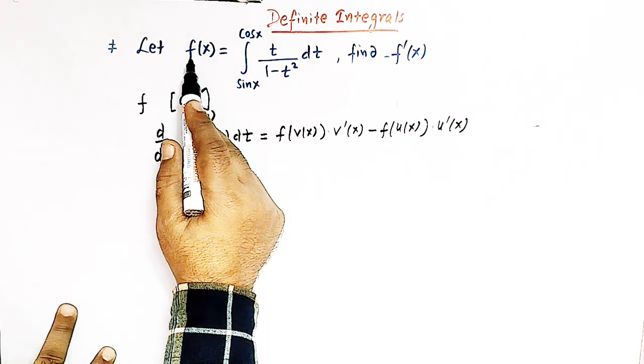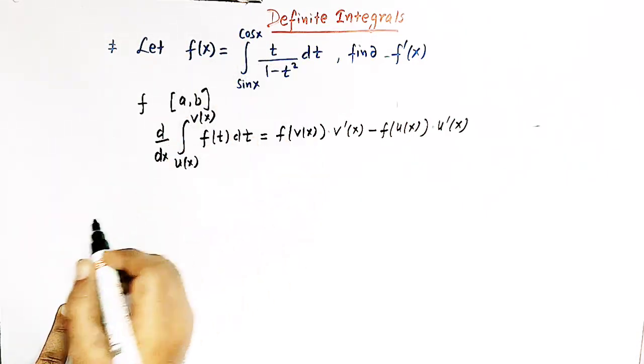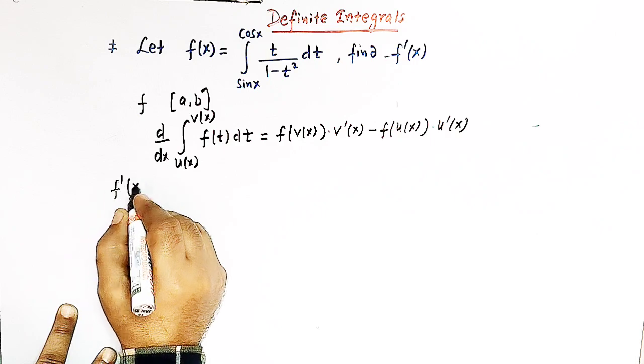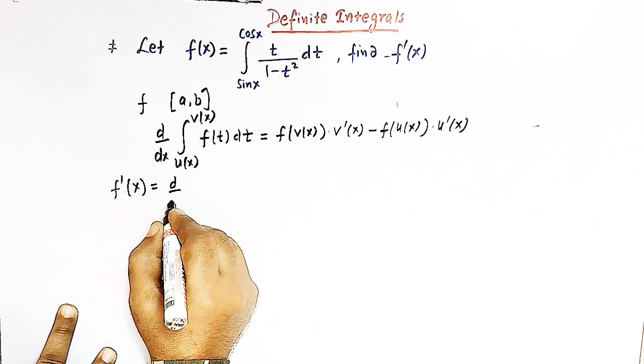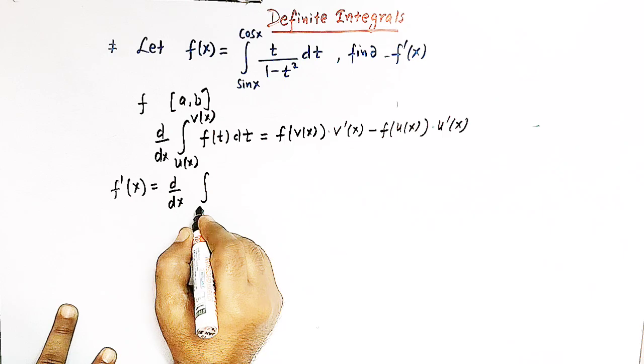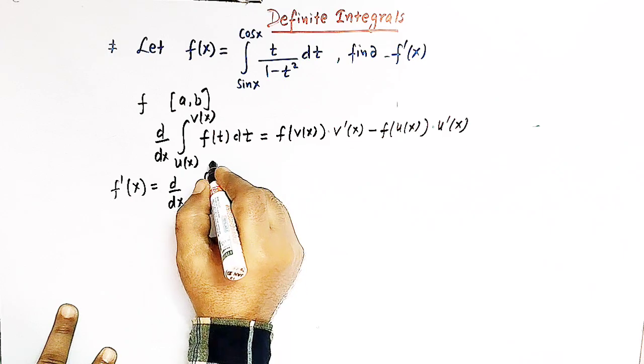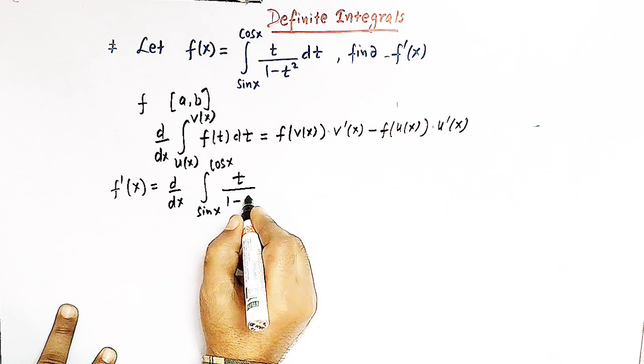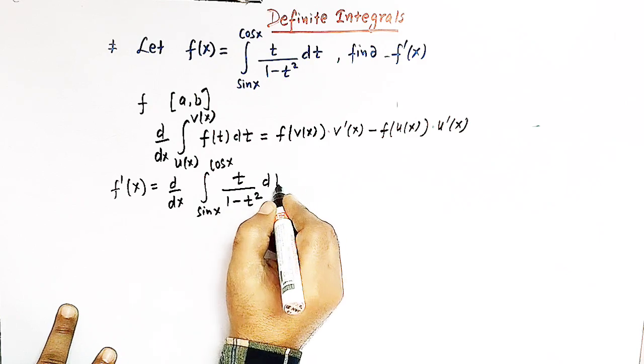So let us differentiate both sides with respect to x. We have f prime of x, then d by dx of the integral from sine x to cosine x of t over 1 minus t square dt.